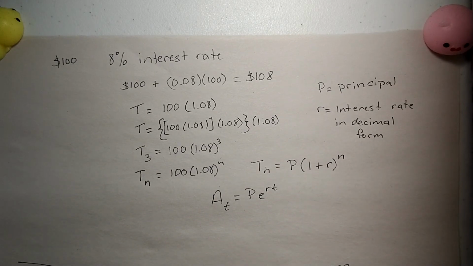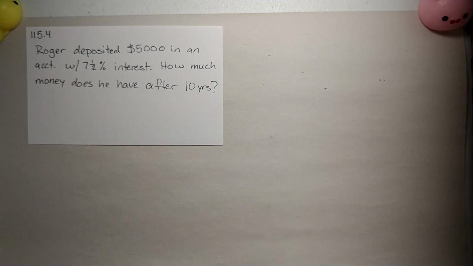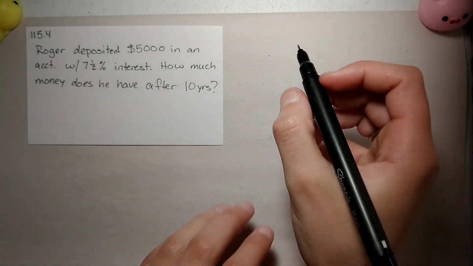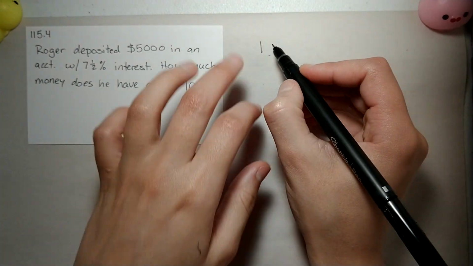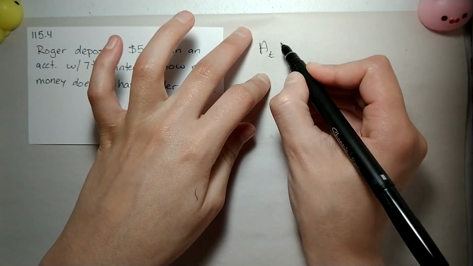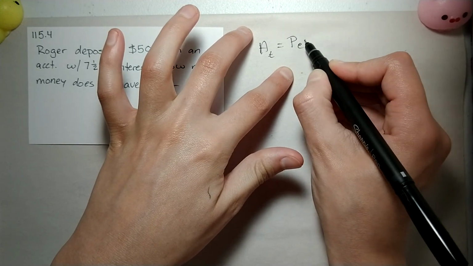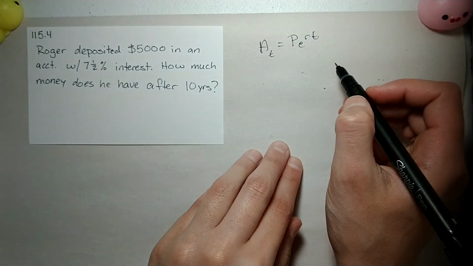All right, let's do a practice problem. Roger deposited $5,000 in an account with 7.5% interest. How much money does he have after 10 years? So let's start by writing our base equation. Principal, rate, times time.